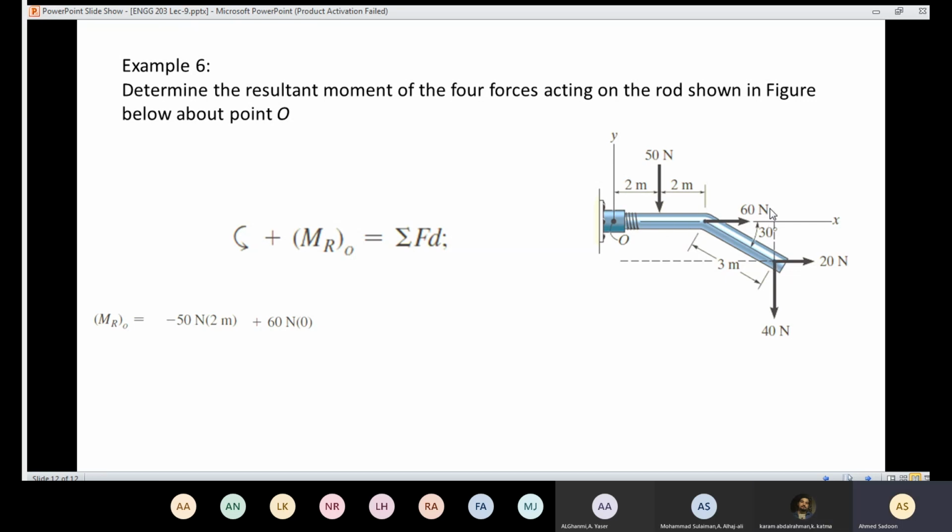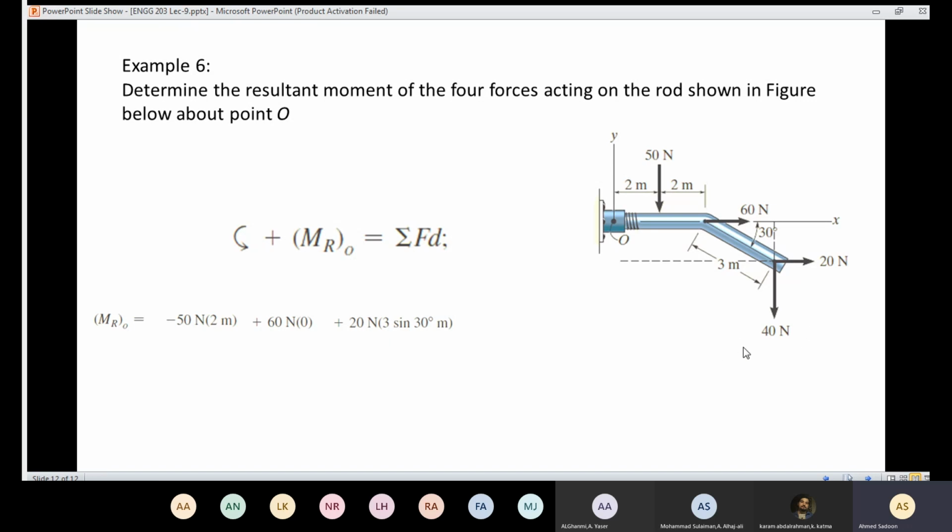So we need to multiply by that distance, which is 3 sine 30. And then we need to know the direction. The direction is going to be clockwise or anti-clockwise, if I push from here? Counterclockwise. So it's going to be positive. So I'm going to have 20 times 3 sine 30, which is this distance.